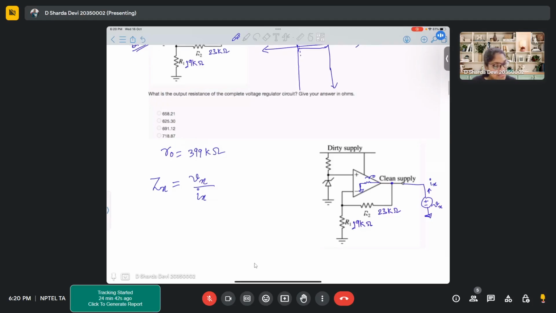Now, the current is Ix. How will the current be distributed at this particular node V naught? What will happen at V naught? V naught has two branches.